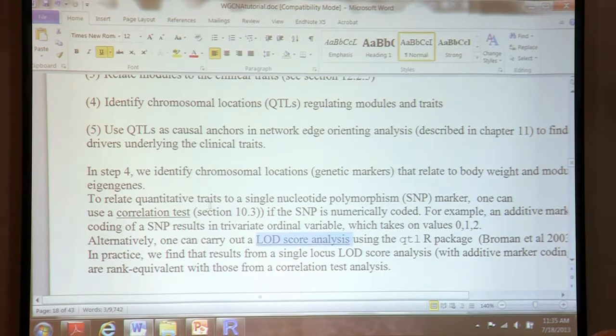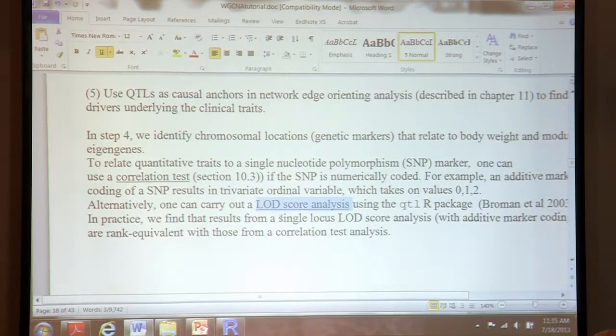Remember, in order to find QTLs or really SNPs that relate to mouse body weight, you can do a LOD score analysis using the QTL-R package. And we described that yesterday. Brian Yandel described a wonderful R software tutorial for that.